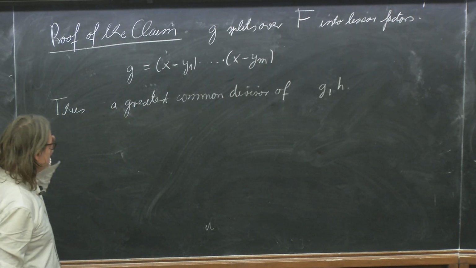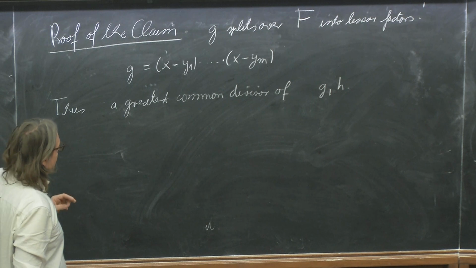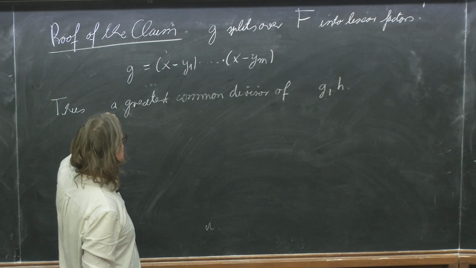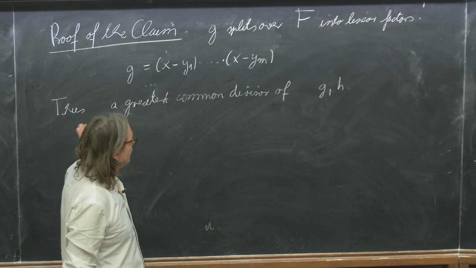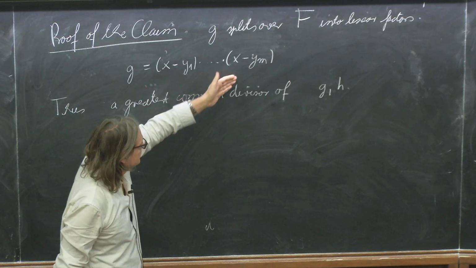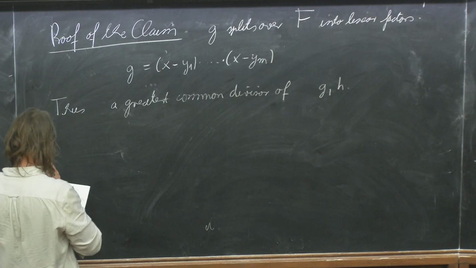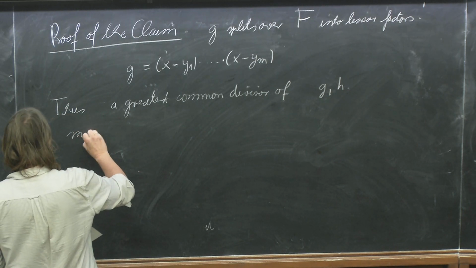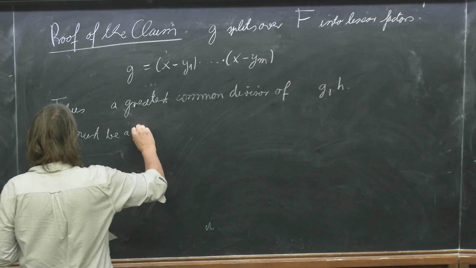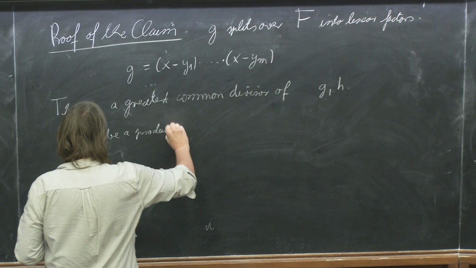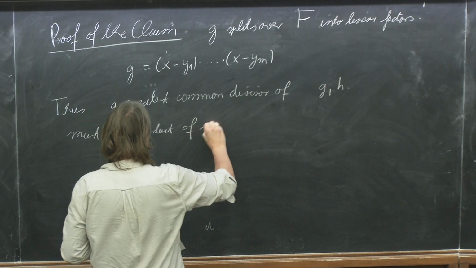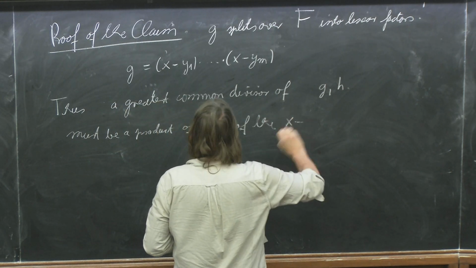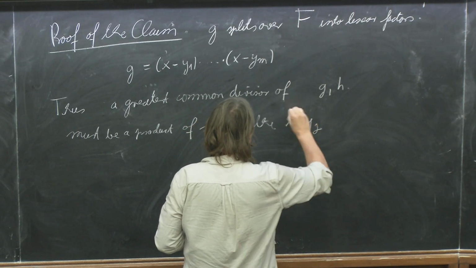If you have a greatest common divisor, it's again a polynomial, so it will also split into linear factors, and they must be some of these linear factors. So it must be a product of some of the x minus yj.